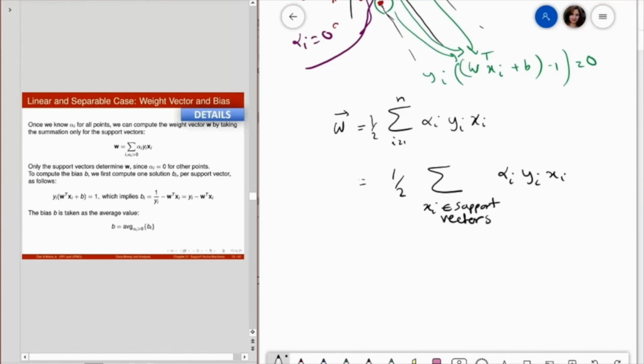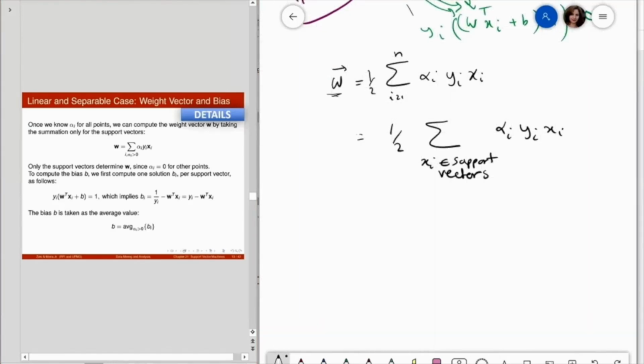Now we have found W. How can we find B? To find B, we just use each of the support vectors. Now I know what the support vectors are, so I know that yi (w transpose xi plus b) is equal to 1.